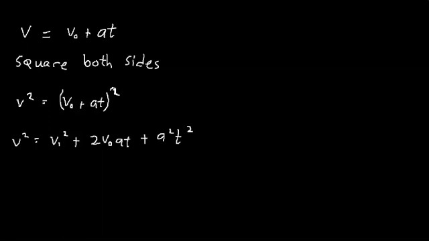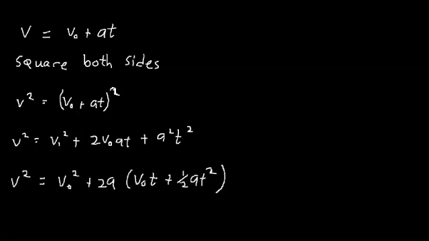If we factorize out 2a from 2 v naught at plus a squared t square, we get v square equals v naught square plus 2a into (v naught times t plus half a t square). If you recall from our second equation of motion, v naught times t plus half a t square is equal to our displacement x.